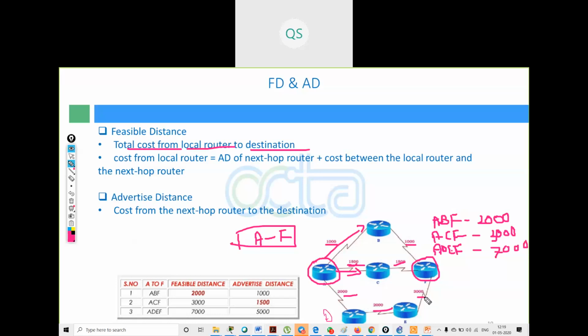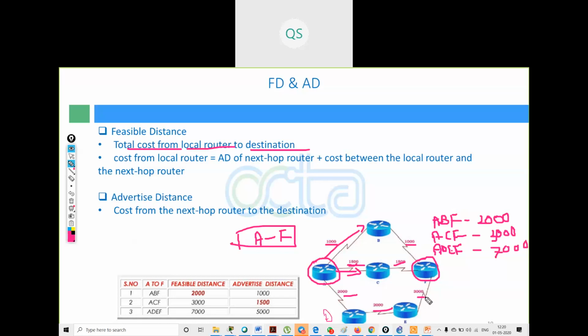Now, see what it is. Feasible distance is the total distance from source to destination. Suppose you are going outside to McDonald's, or going for an outing to some outstation. What do you calculate?